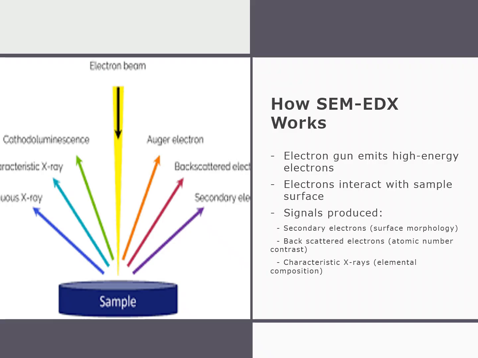This produces three primary signals: secondary electrons that provide detailed surface morphology, backscattered electrons that give contrast based on atomic number, and characteristic X-rays that reveal which elements are present. These signals help examiners identify what a particle looks like as well as what materials it contains.